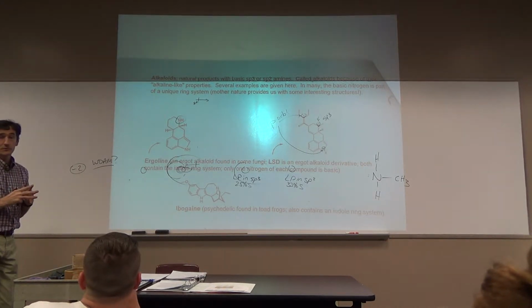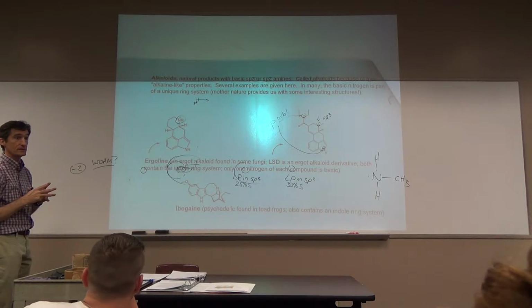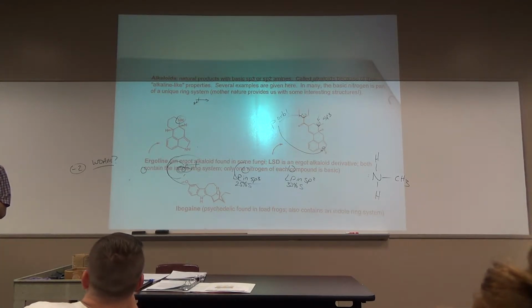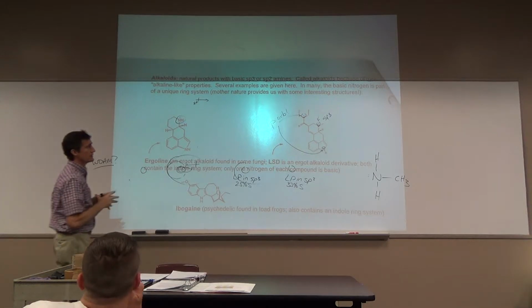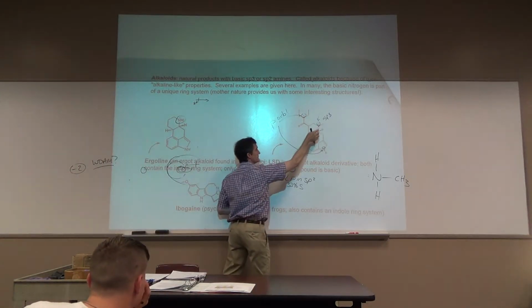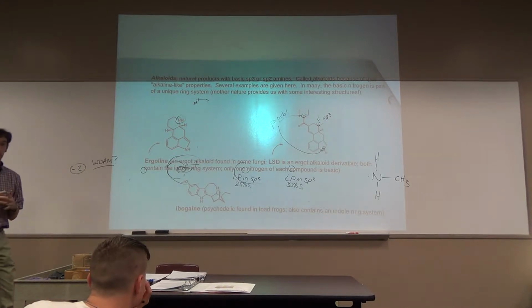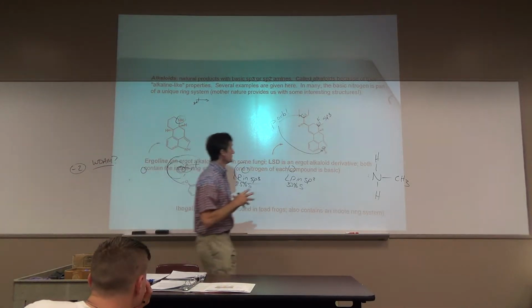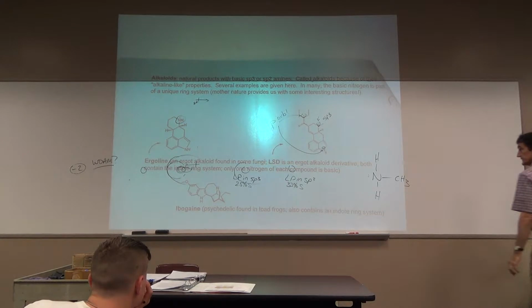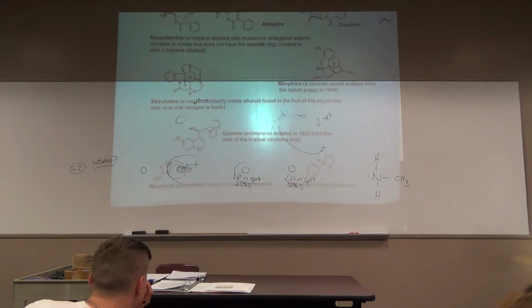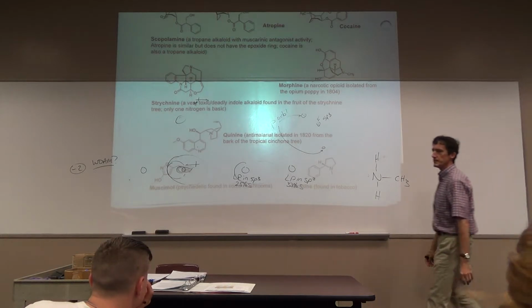Lone pairs in p orbitals are not basic. There's a couple of exceptions when the conjugation is not good. But that's the basic nitrogen. See, all these have a basic nitrogen, making them basic-like or alkaloid-like. LSD. Is nicotine on here at the bottom? Which nitrogen of nicotine is most basic?